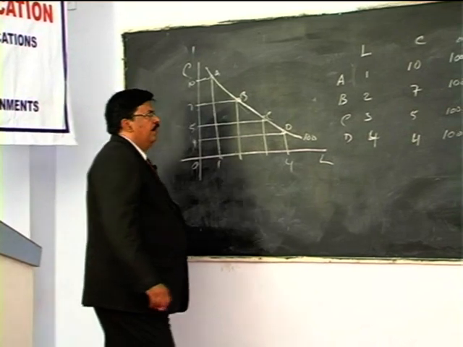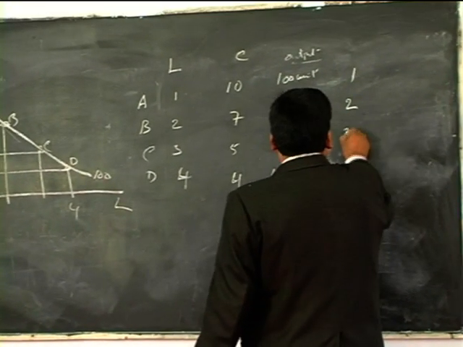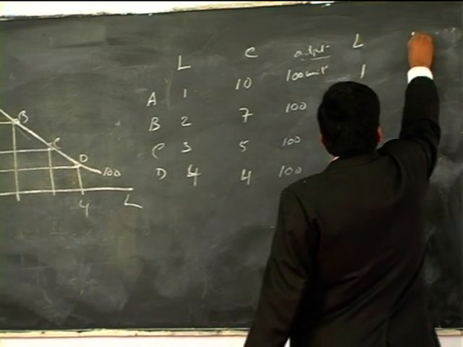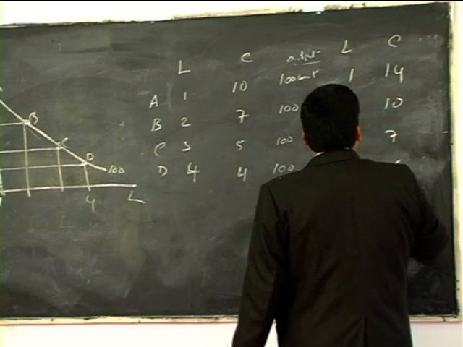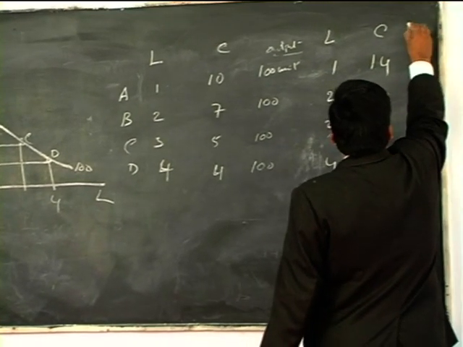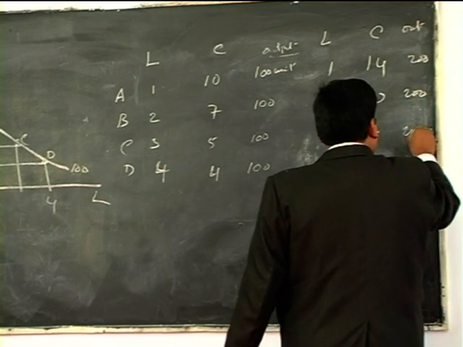If you use different combinations, for example, 1, 2, 3, 4 labor and capital say 14, 10, 7 and 5, this is another isoquant for 200 units of output. Suppose output is 200 units.